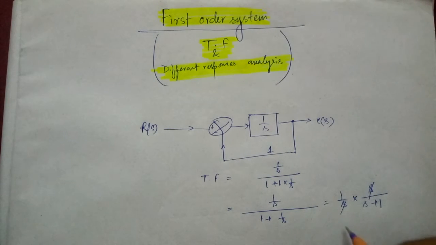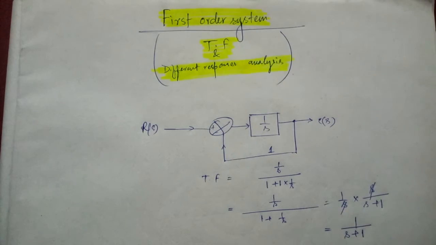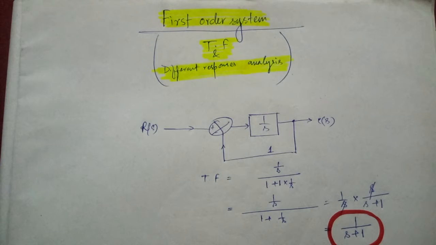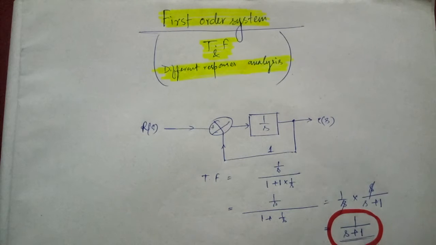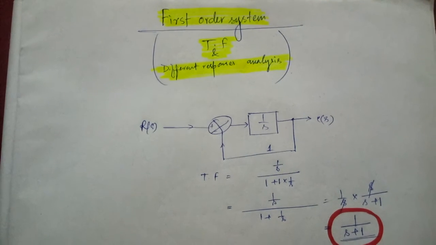S is cancelled, so 1 by s plus 1. So this is the transfer function of the given system. Here you can see that there is only one pole in the s plane.